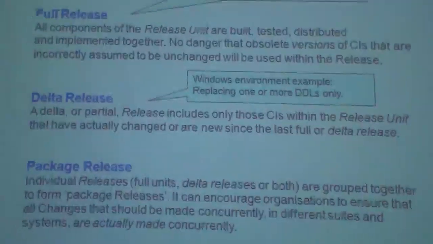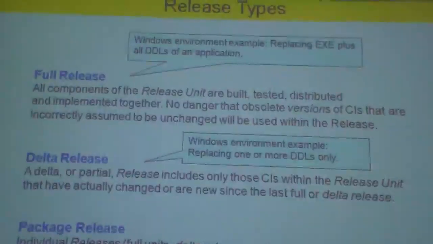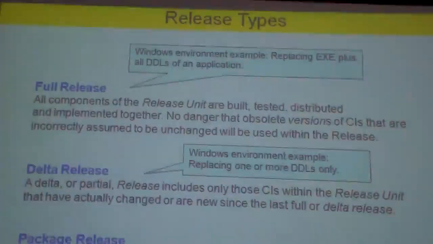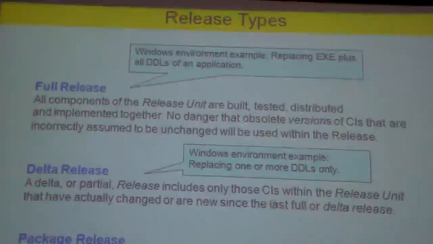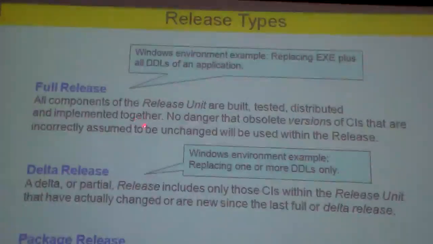Then release types. Full release and delta release and package release. We have 3 types. The full release, here all components of the release unit are built, tested, distributed and implemented together.